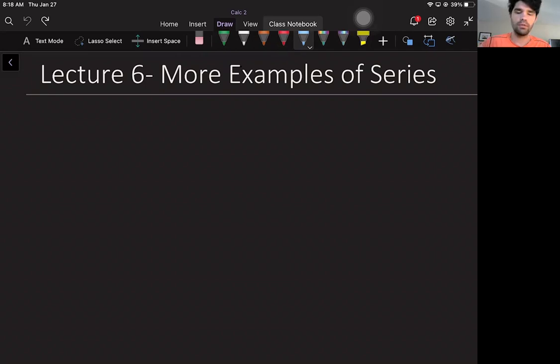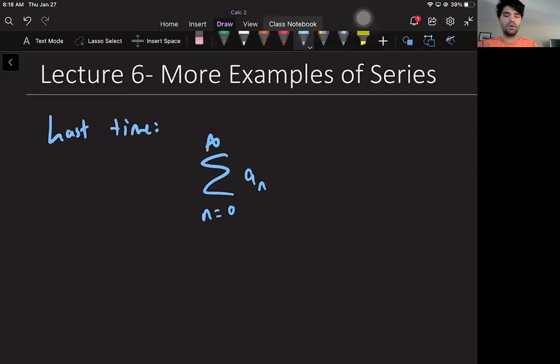That's just to get better with what we learned, because it is complicated and students have a lot of trouble on this stuff. So just to remind you, last time we defined what it means for this to converge or diverge, and this is called a series.